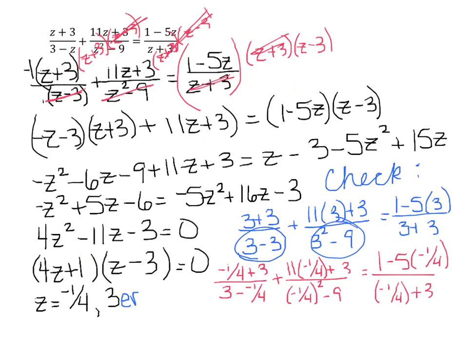When I simplify, I see that this is equal to 9/11 on the left-hand side, 9/11 on the right-hand side, and those check. So, because 3 is excluded from the domain, which we could have very easily seen, 3 minus 3 is 0, 3 is not a root.